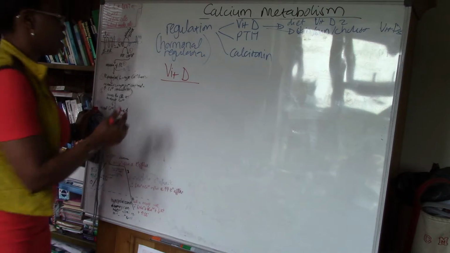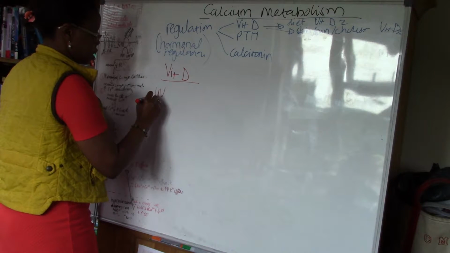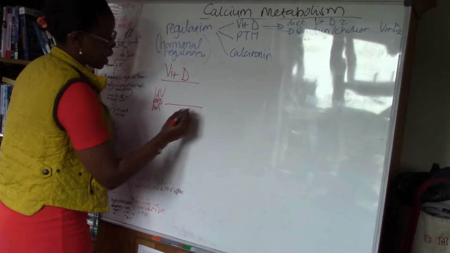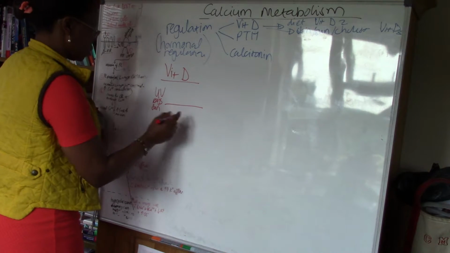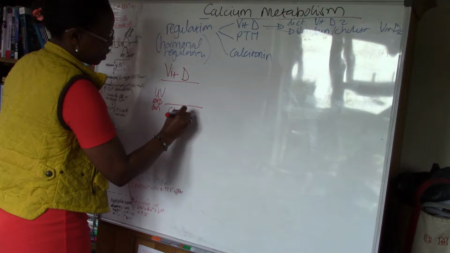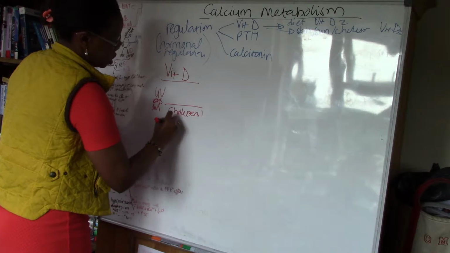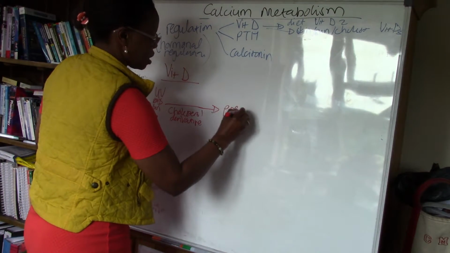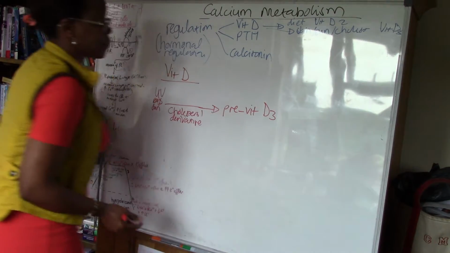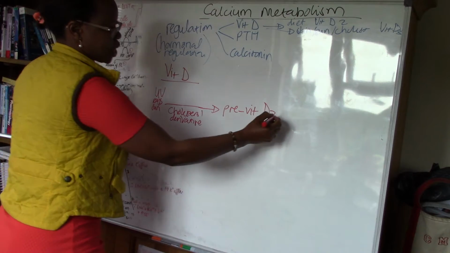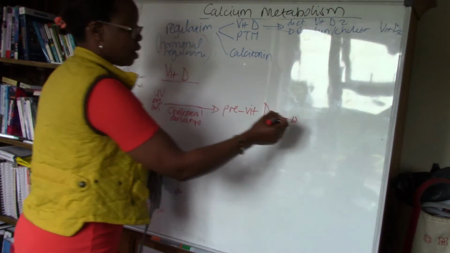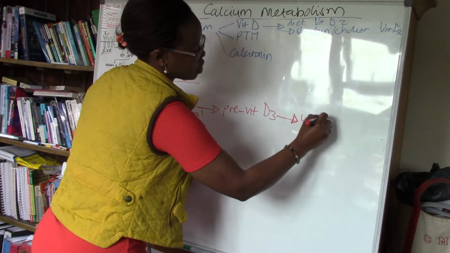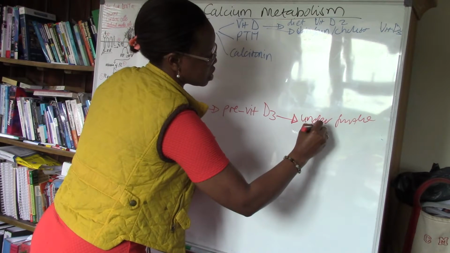When I say from the sun, I mean that the UV rays from the sun will convert a cholesterol derivative into pre-vitamin D3, and then that pre-vitamin D3 will undergo further changes.